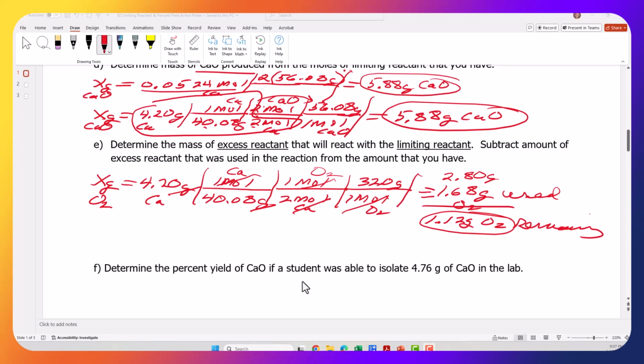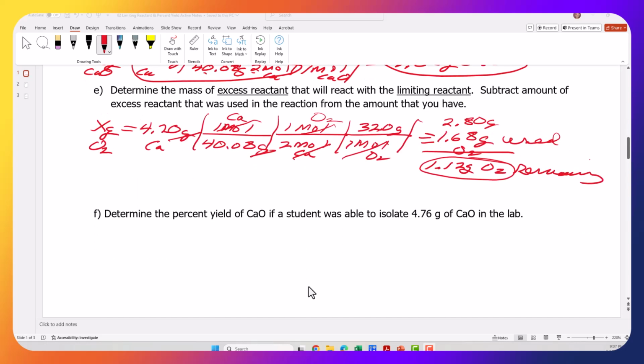Okay. So now we're just going to do a simple percent yield calculation. Determine the percent yield of calcium oxide if a student was able to isolate 4.76 grams of calcium oxide in the lab.